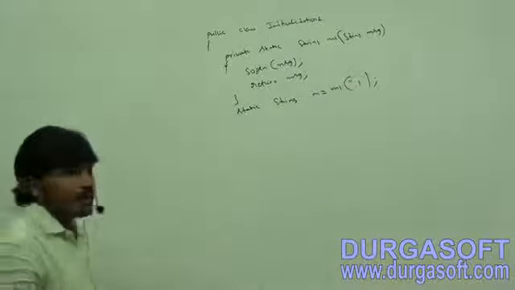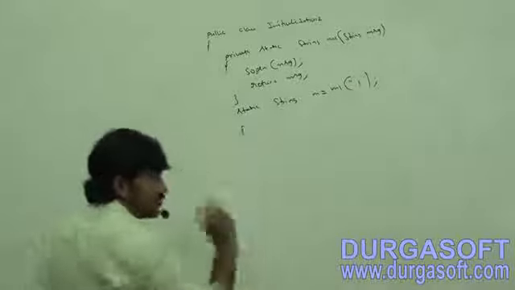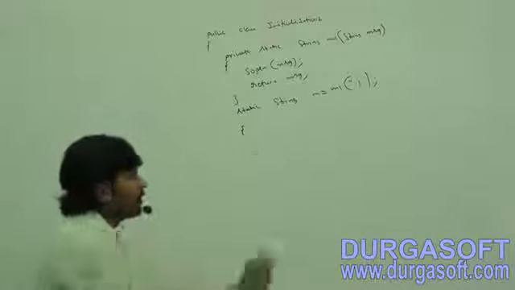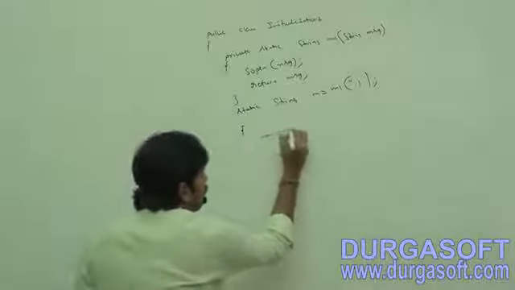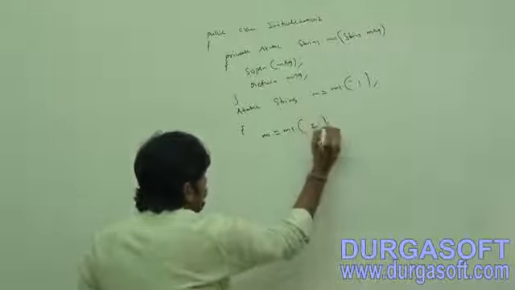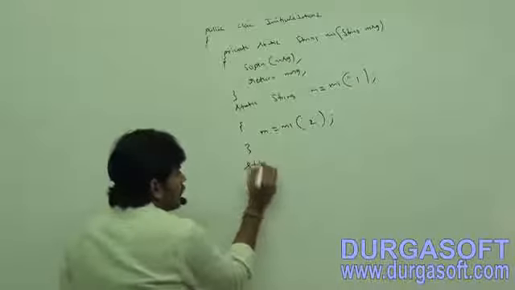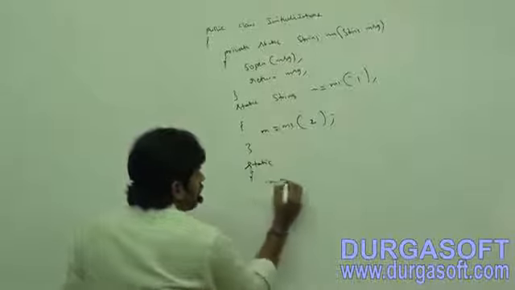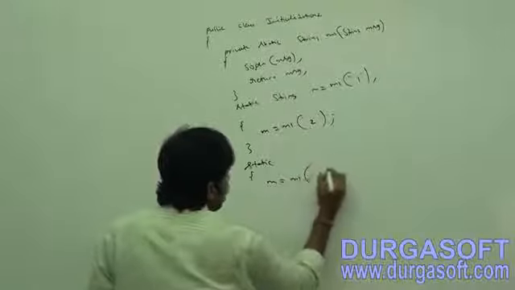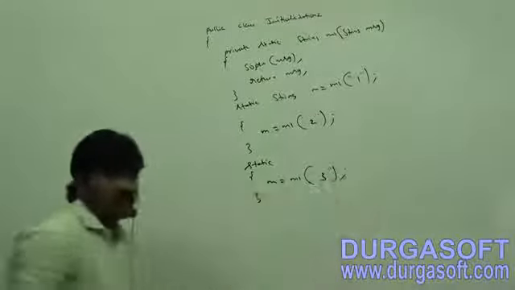Static string m is equal to m1 of 1. And then instance block: m is equal to m1 of 2. And then static block: m is equal to m1 of 3. Are you getting?